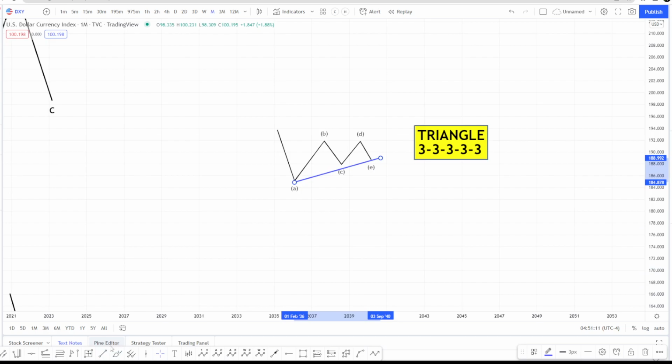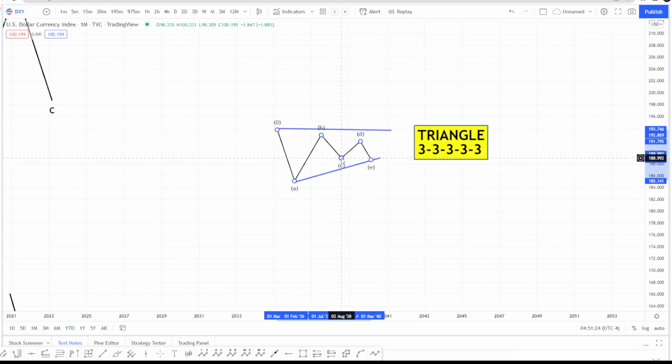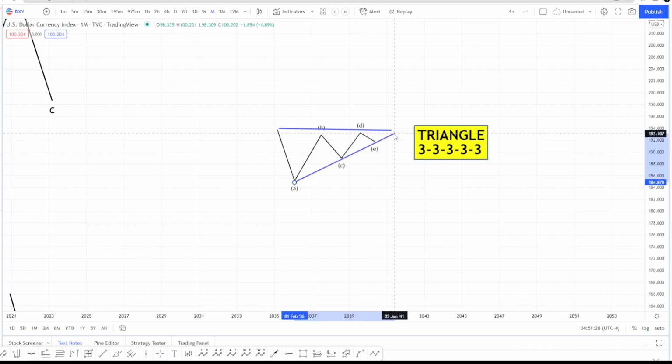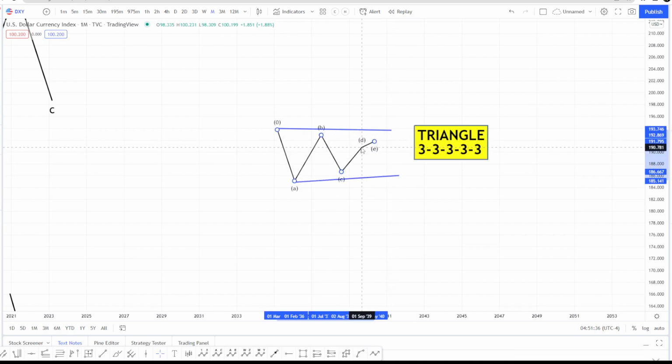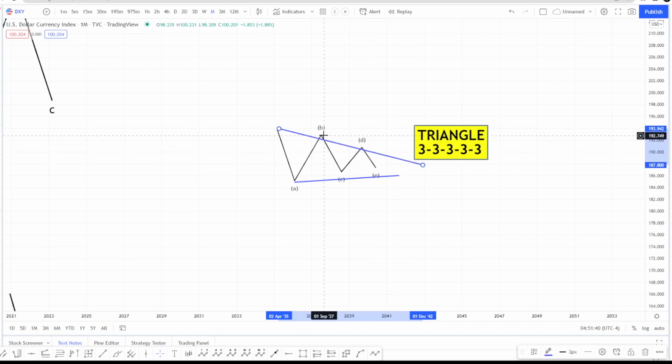What I am drawing for you right now is a symmetrical triangle where both these two lines are converging to each other. This can clearly also be more of an ascending triangle, where it's something like this. That's usually bullish, and then you can get more of a descending triangle where it's kind of like this. So there are variations in the triangle sequence too.